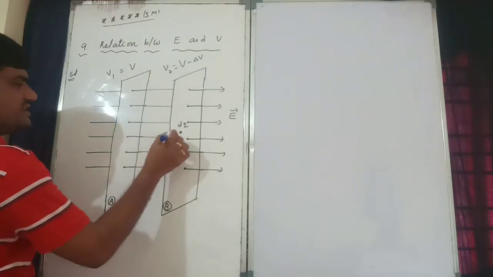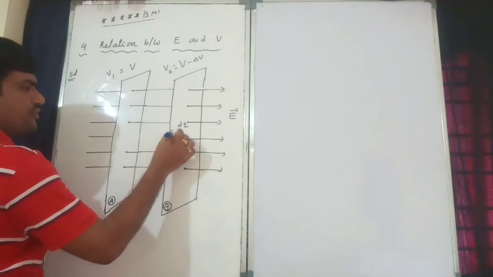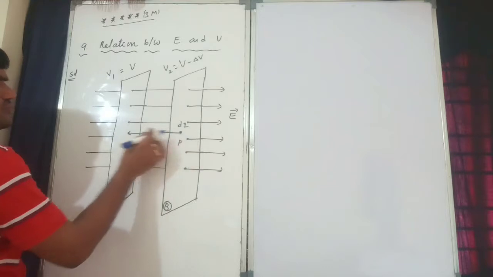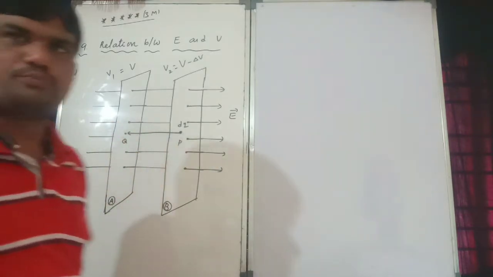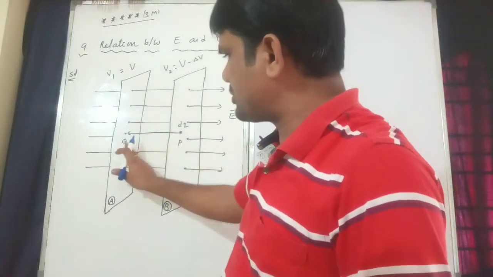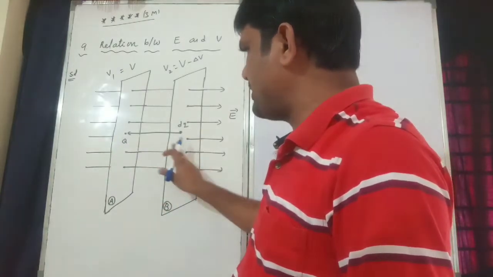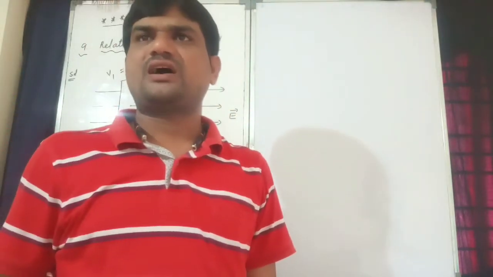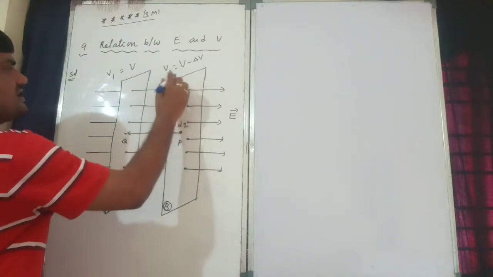This charge we want to bring from P to this point Q. I want to bring dq charge from P to Q in the uniform electric field, on the equipotential surface.